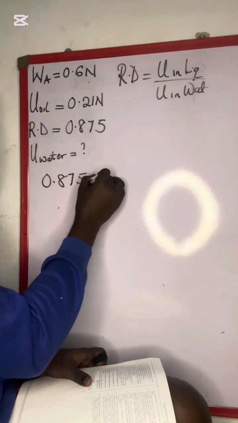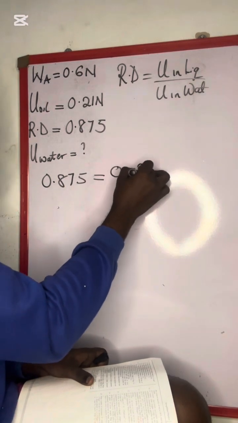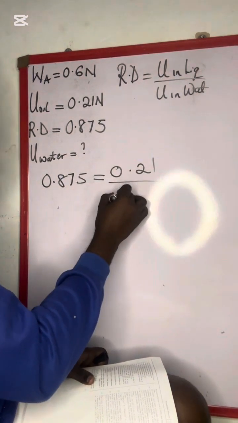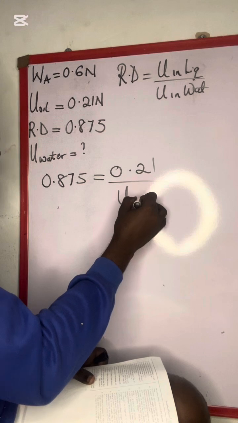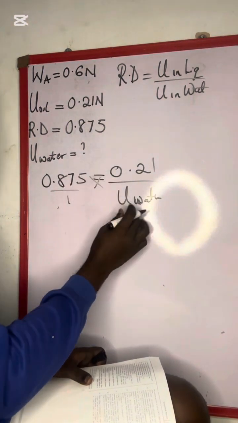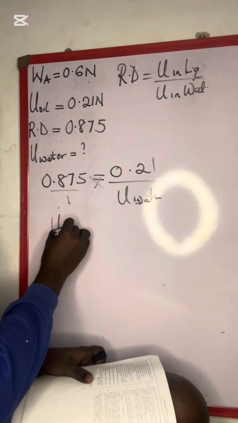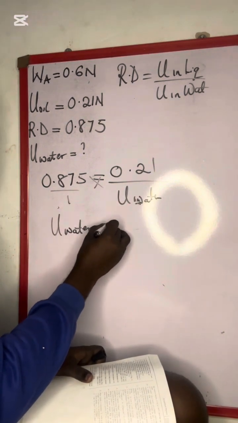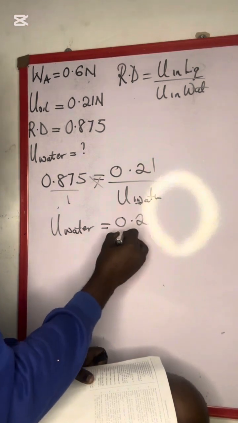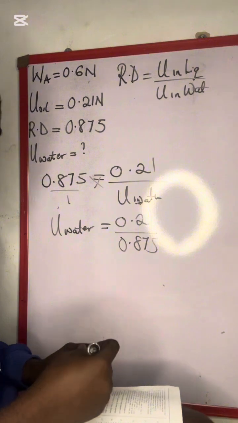0.875 becomes equal to the upthrust in the liquid, which is 0.21, and we are looking for the upthrust in water. Therefore, if you cross multiply and make this guy stand alone, you have upthrust in water equal to 0.21 divided by 0.875.